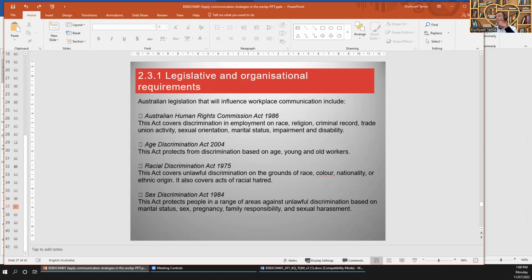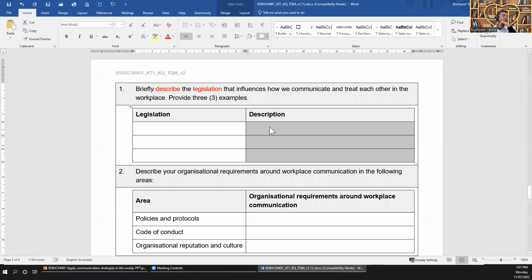These are 4 of them. There are many more as well. You just have to explain them in your own words. Do not copy and paste, but paraphrase them. It has to be about communication, how you interact.